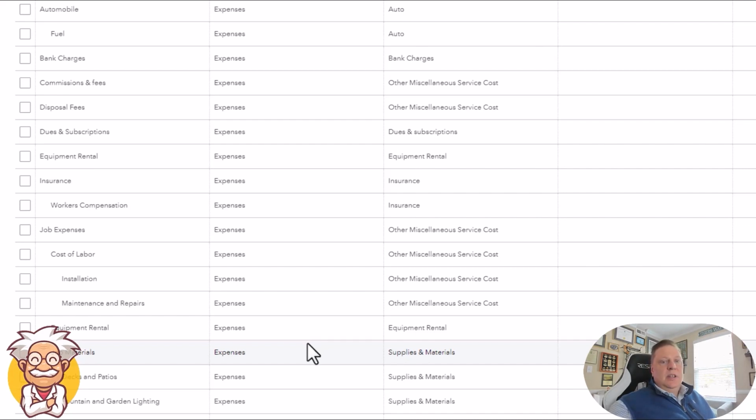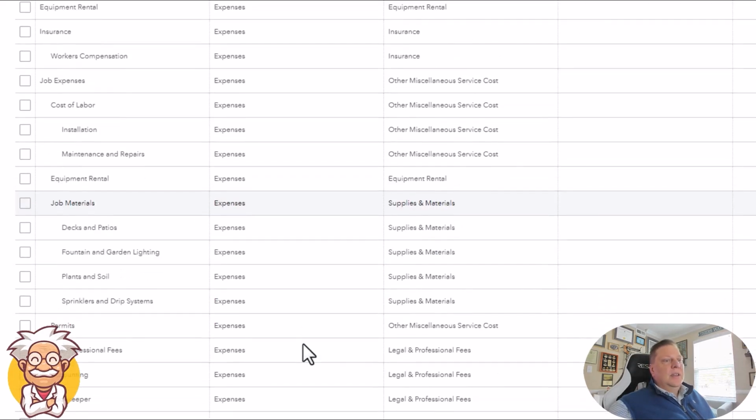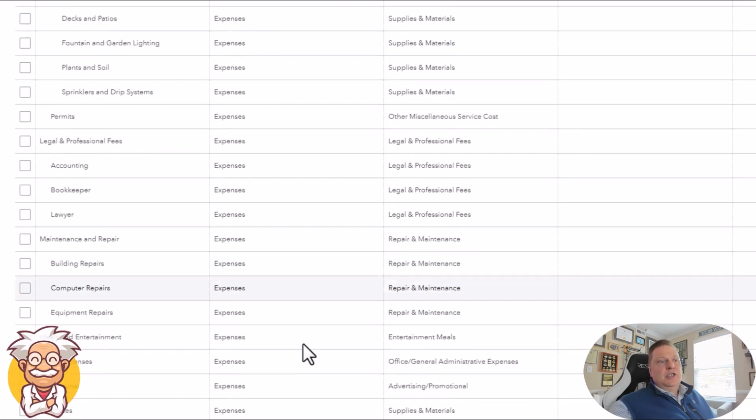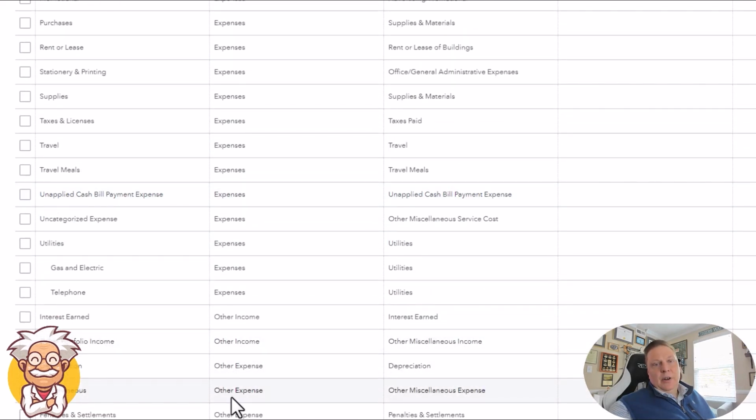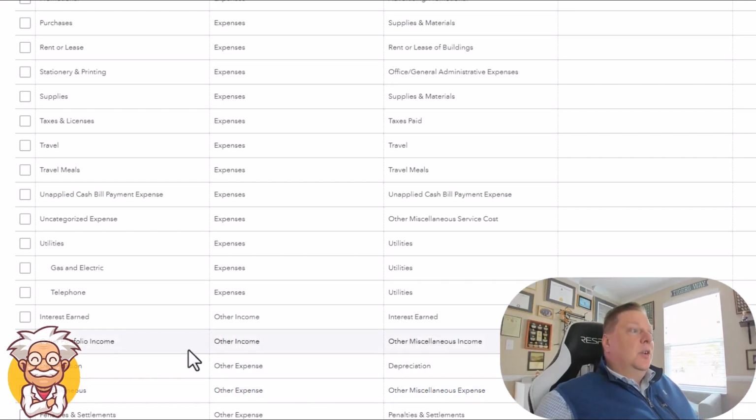Income's always before your expenses. And if you are doing cost of goods, then you'll have cost of goods prior to your actual expense accounts. And then at the end of any chart of accounts, there will always be other income and other expenses. So that's the chart of accounts, kind of a basic overview of what they are.